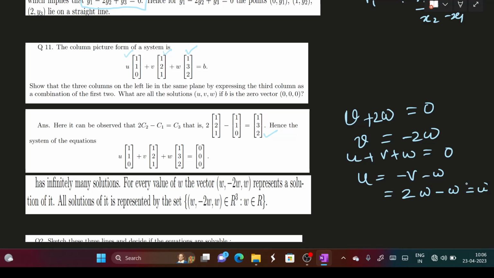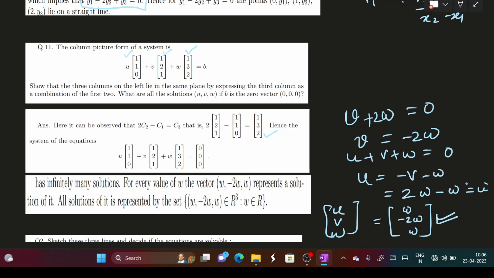So what I got, my solution vector (U, V, W) is equal to (W, minus 2W, W). So for every value of W, this vector gives me a solution.